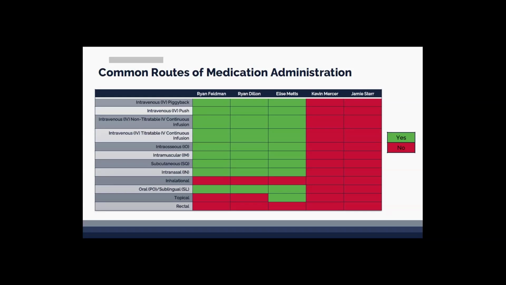I would say we rely heavily on our respiratory therapy colleagues for administration of inhalational meds. I've also included topical here, not something that pharmacists are super involved with. And at the bottom, rectal, not something that most of us are involved with. Certainly could be within our scope, but I think I could speak for everyone in saying that EM pharmacists are probably not super interested in giving medications via the rectal route.